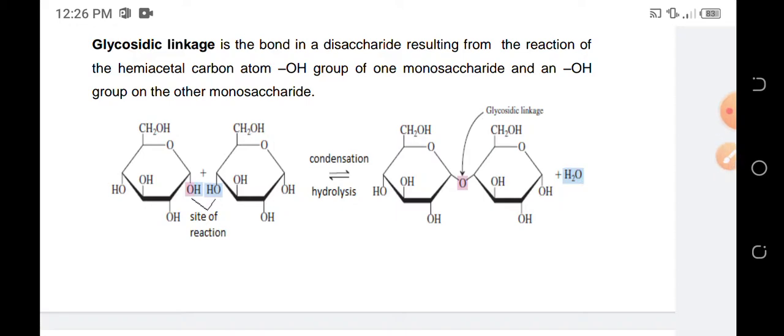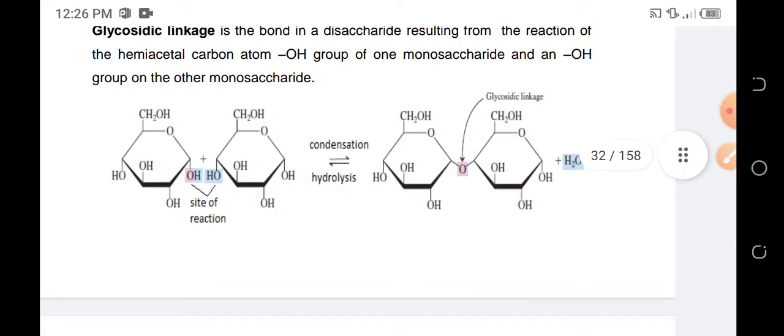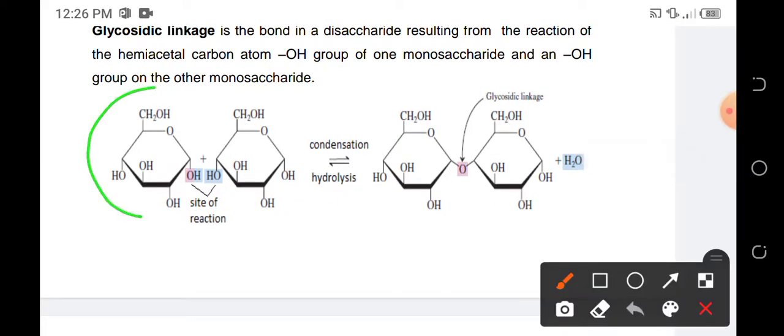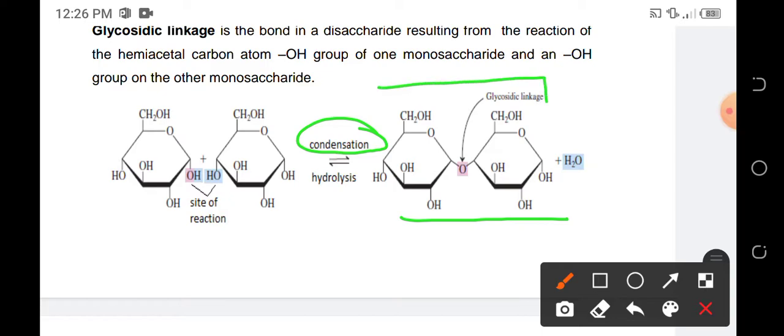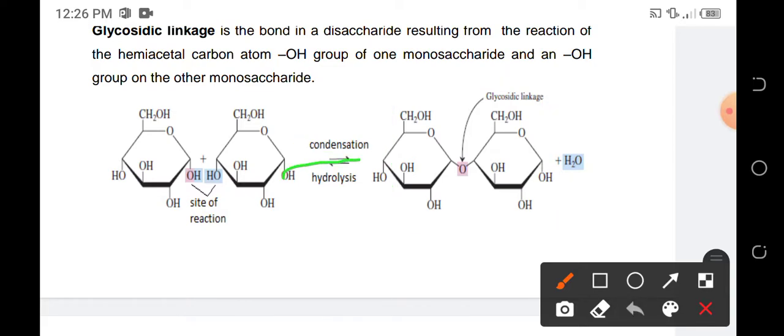This reaction, so if we start with the two monosaccharides, this is monosaccharide 1 and that's monosaccharide 2. Okay? The forward reaction is known to be the condensation reaction wherein a disaccharide is formed together with a water molecule. However, this is a reversible reaction, so pwedeng pabaliktad din.